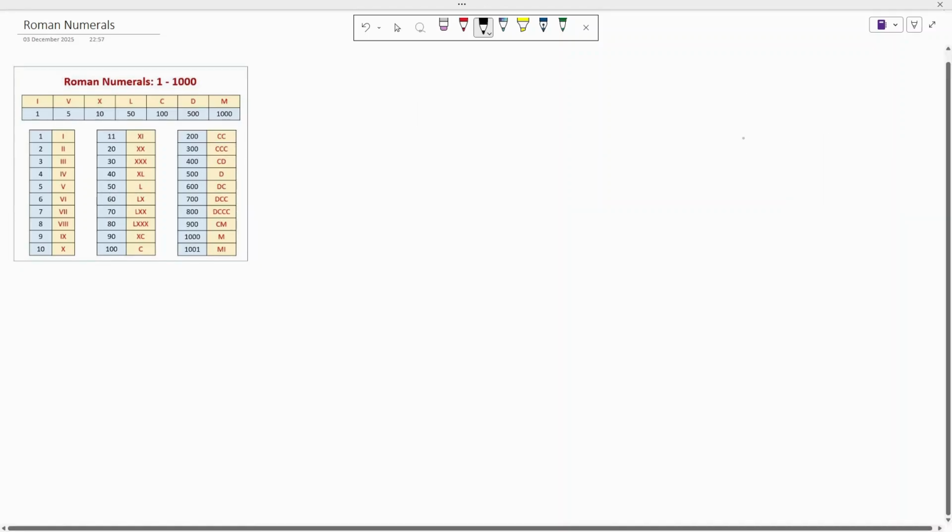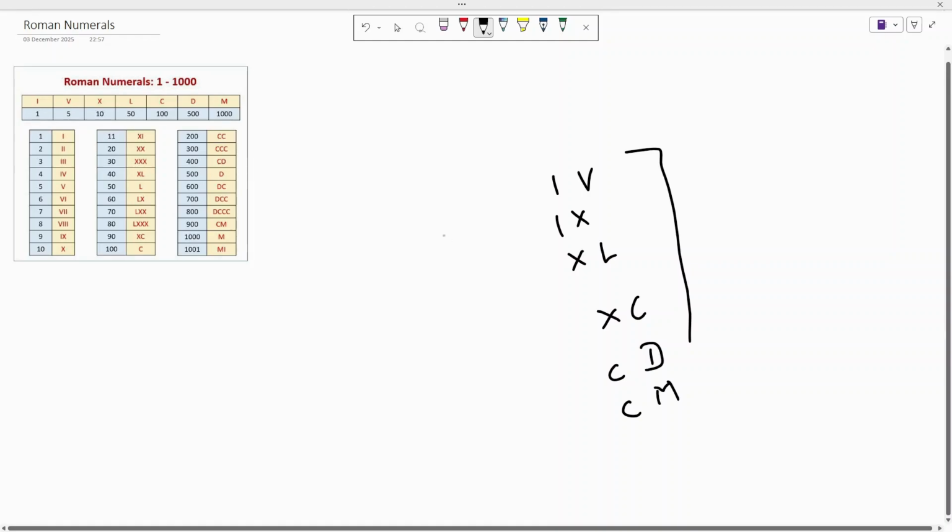In the subtraction rule, we have some allowed subtraction pairs. First, I comes before V, and I comes before X. X comes before L, and X comes before C. C comes before D, and C comes before M. So these are the allowed pairs.